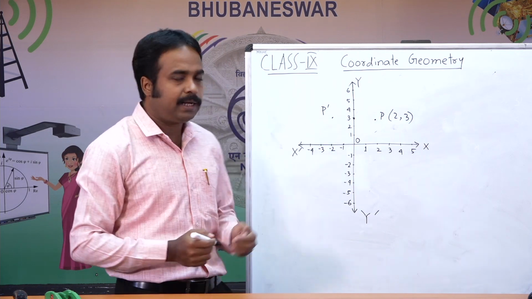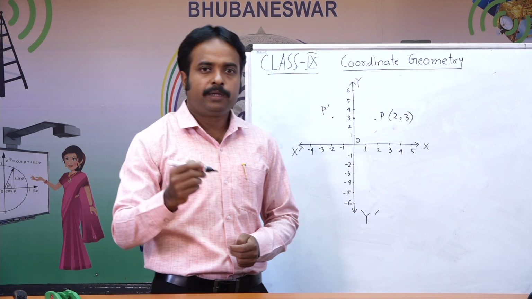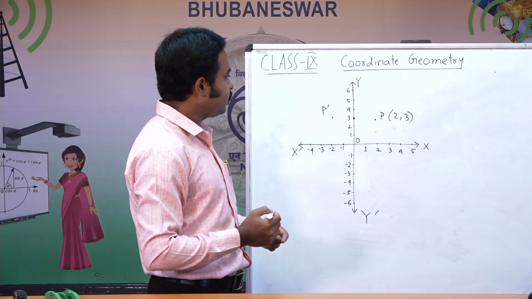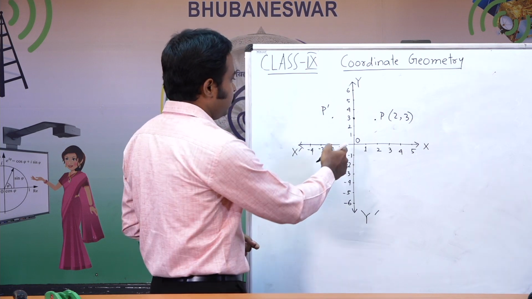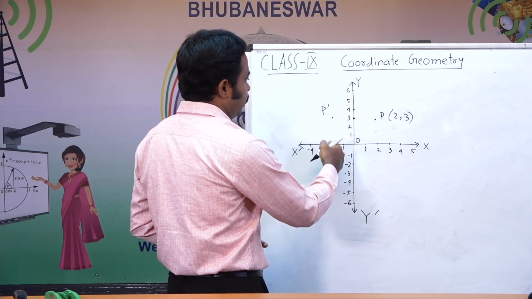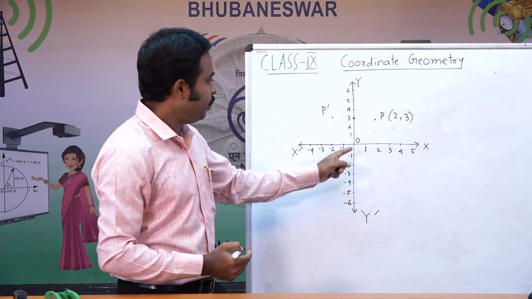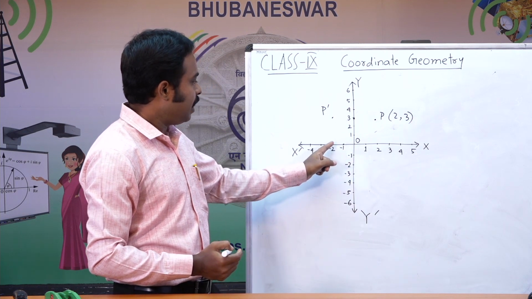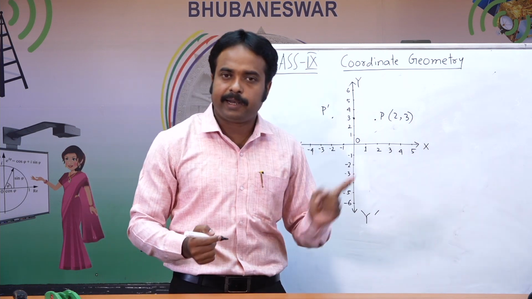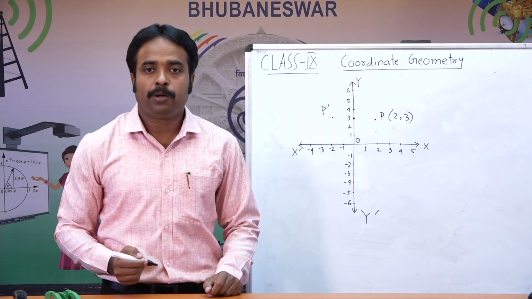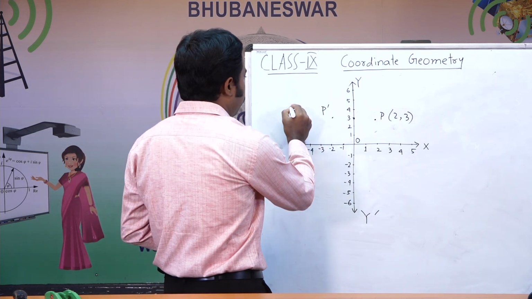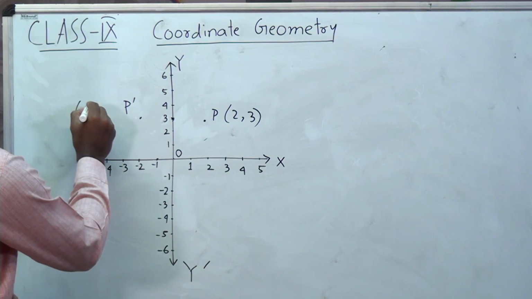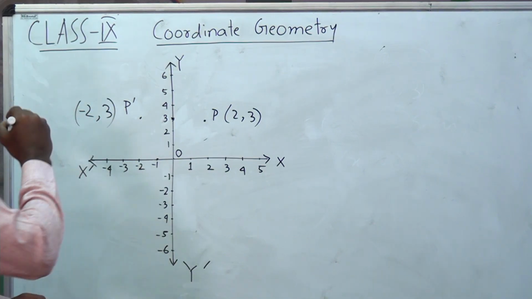Then P dash is the image of the point (2, 3), and you may easily find the coordinates of P dash: we are going 2 units along the negative x-axis and 3 units along the positive y-axis. Therefore, the coordinates of P dash are (-2, 3).